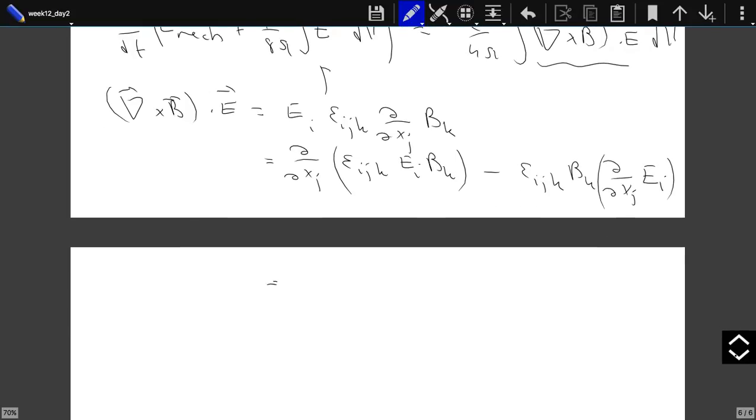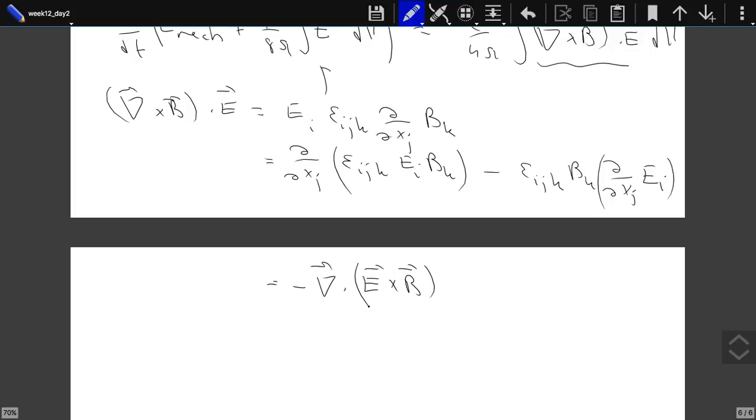Now let's go back and try to express them in terms of my vector notation. The first term is nothing but minus the divergence of E cross B. Because that thing in parentheses is E cross B, the J component with a minus sign, and I'm taking its derivative with respect to xj.